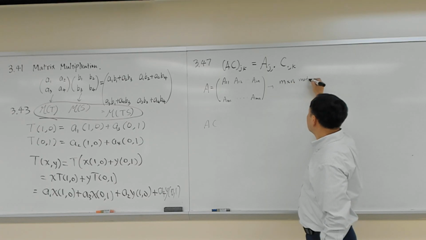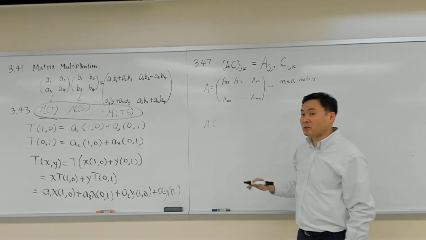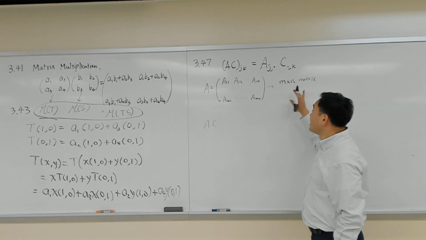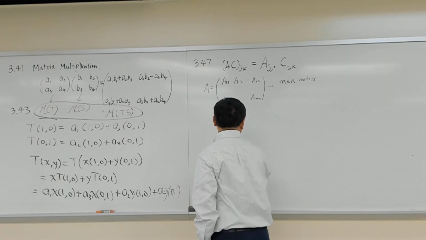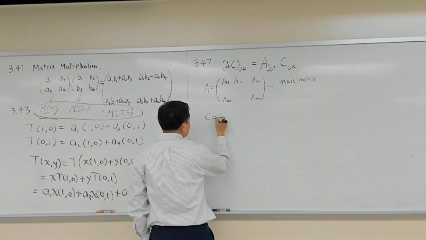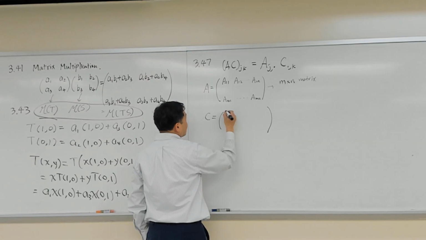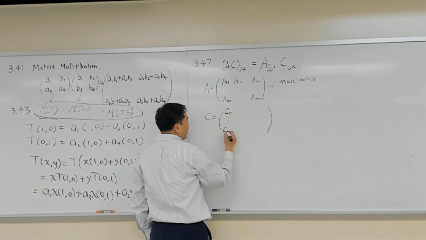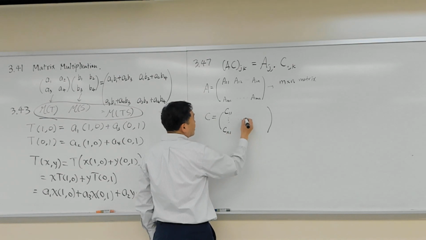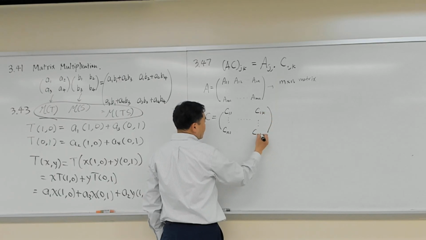Now for A times C to be defined, C must be N by some K. So C has to have C11 all the way down to CN1, and then C1K and CNK.